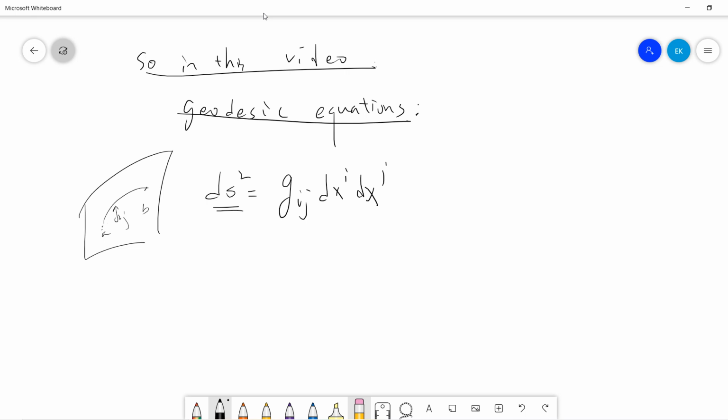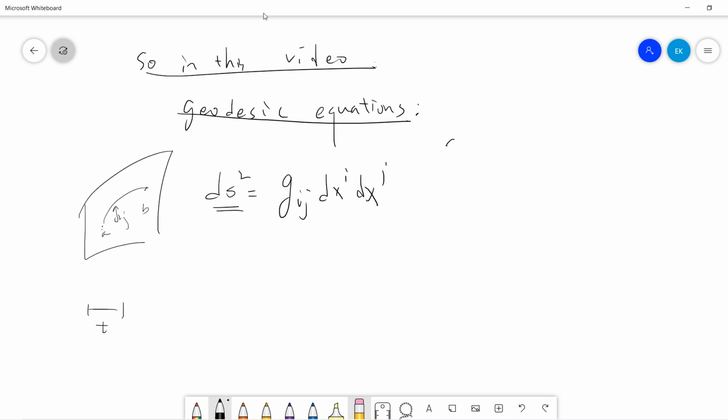So written into the right. Now these G_ij, dx^i, dx^j are functions of t. You can view it as a function of any variable, but we view it as time since that's really natural.